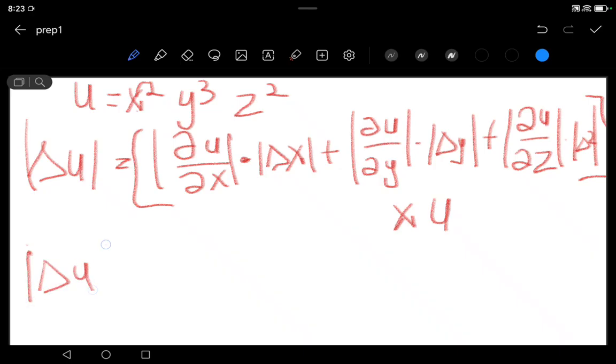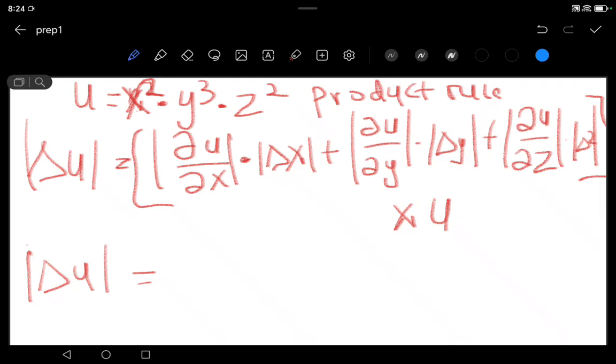Change in u equals the derivative of u with respect to x. So we're going to focus here. Remember, we have x squared times y cube times z squared. So this is the product rule; we are multiplying. On the product rule, remember we said we copy, we derivate, we copy, we derivate.